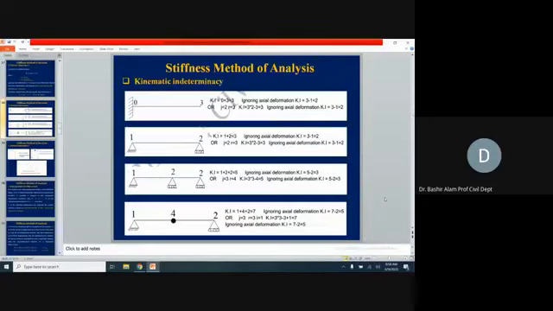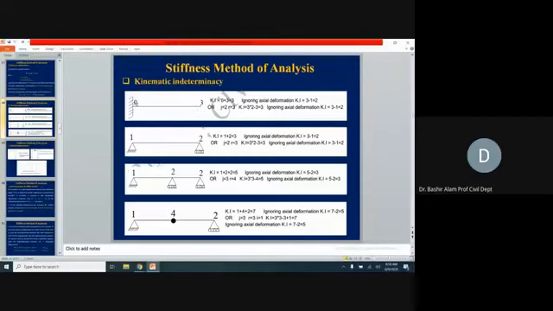Now coming to this one on the top, in this white area we are looking at the structure. It's a cantilever beam. At the left we have a fixed support, at the right we have a free end. The numbers written here, 0 and 3, are not the joint numbers.